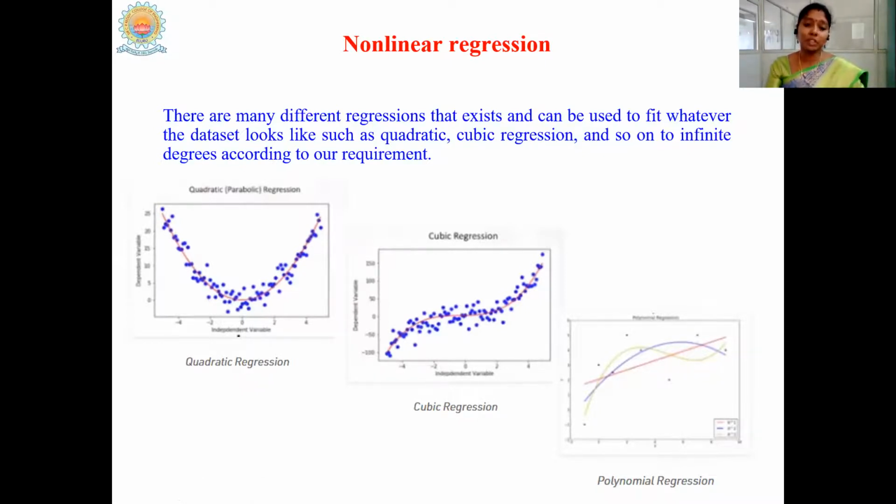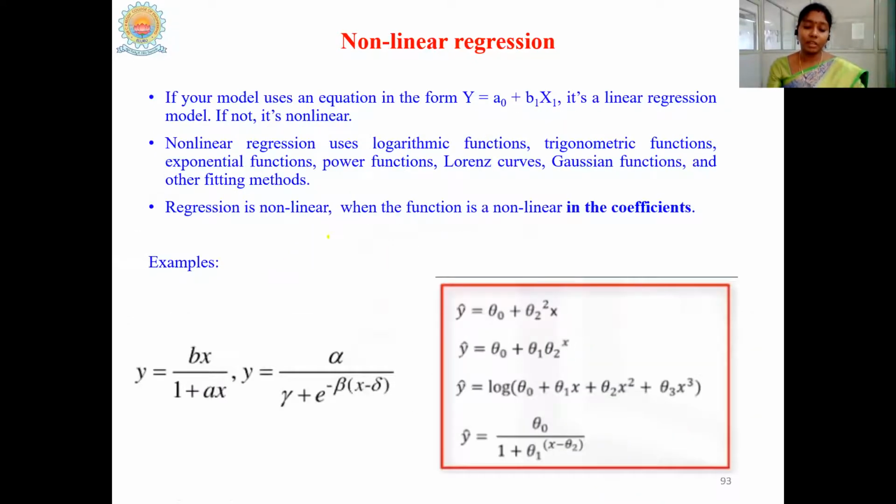Of course, sometimes we can have curves, but usually we find straight lines. Whereas in nonlinear regression, we can get different shaped curves. Why? Because our data is not linear here. As we said, the nonlinearity exists especially with the coefficients of the regression. These are some examples of nonlinear functions.